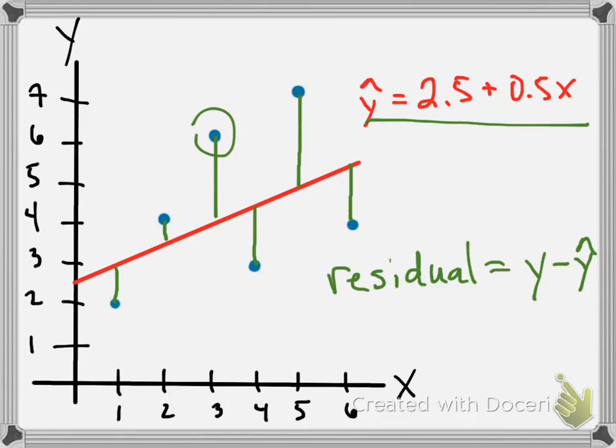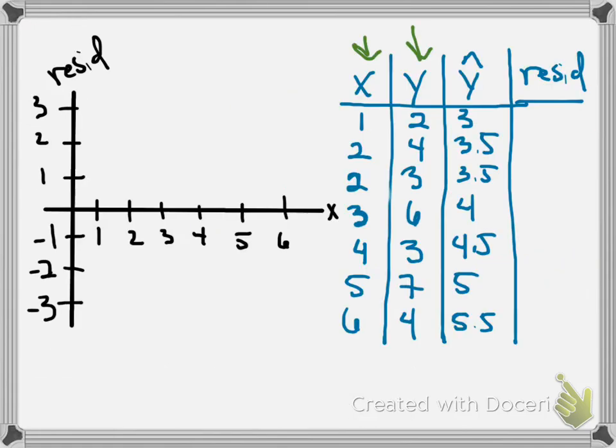And then I've taken each of the x coordinates and plugged that into our line of best fit so that I can get y hat for each of the various x coordinates. And once I have y and y hat, now that you've seen how to find a residual, we can calculate the residuals for each of our points. So let's go ahead and do that.